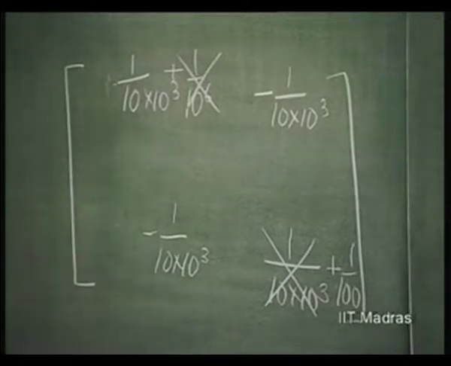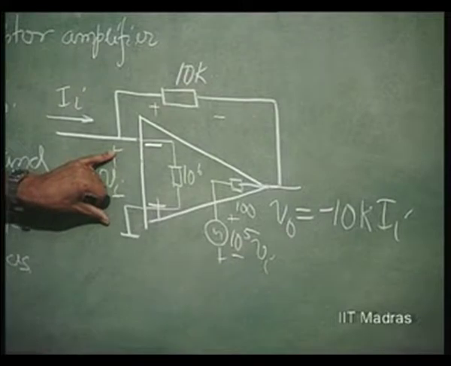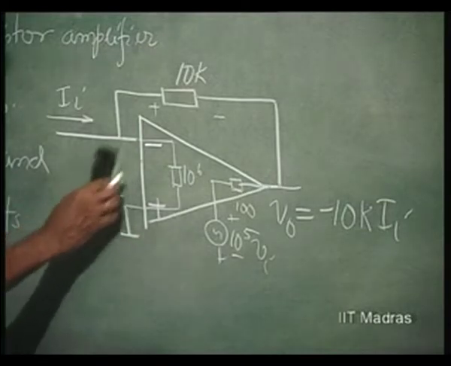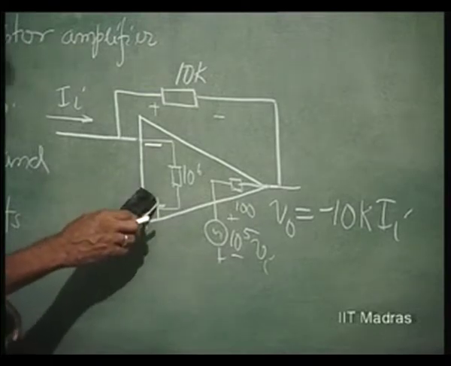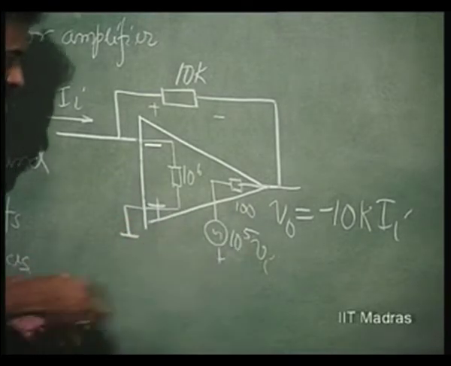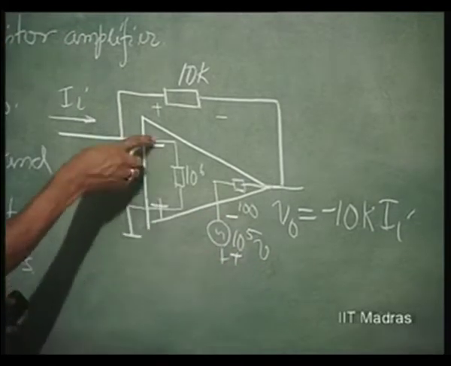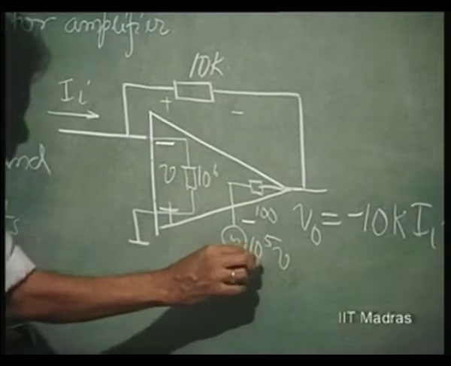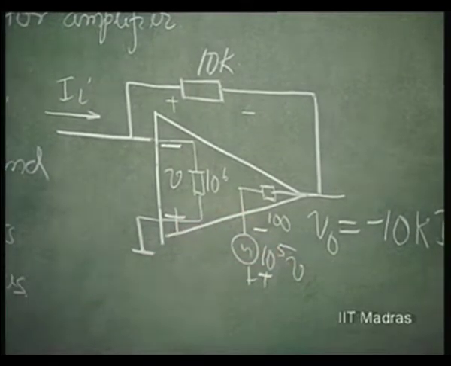As far as forward transfer parameter is concerned, if Vi is this voltage, actually speaking, this is applied to the inverting terminal. So, this will be minus plus times this voltage, this is plus, this is minus. So, if this is V, this is plus minus times 10 to the power 5.